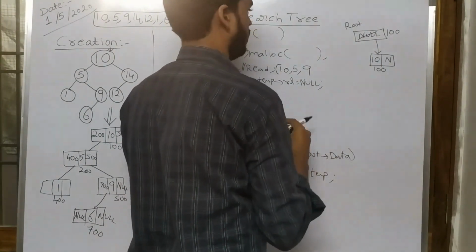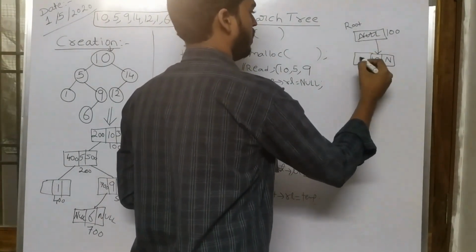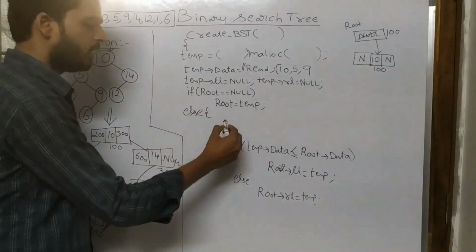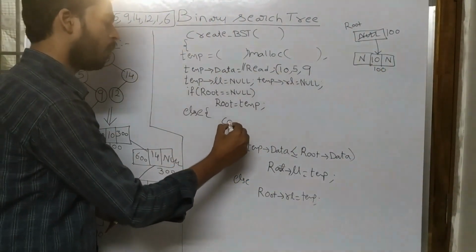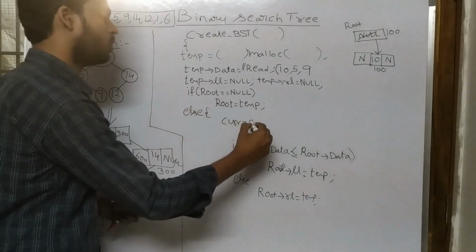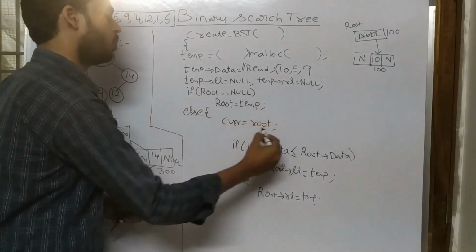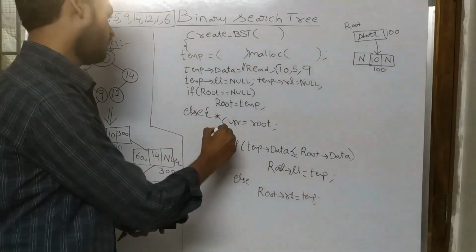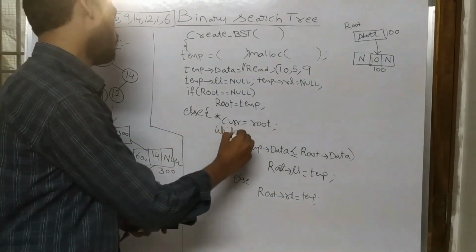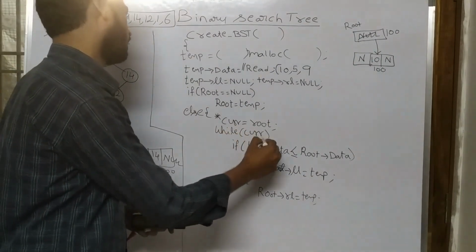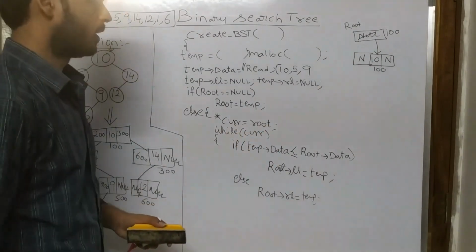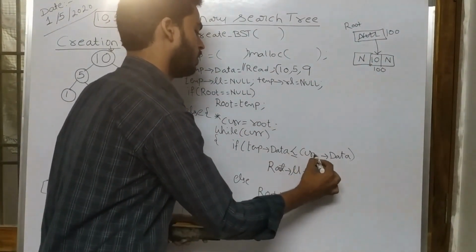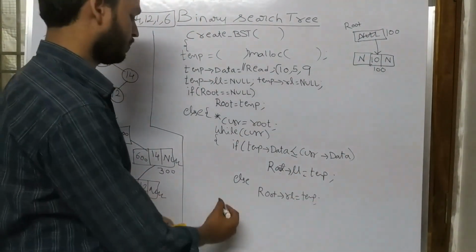Ready? Here null. So what I will do is take a temporary pointer, star current equal to root, and I will make a move while current, and I will simply modify current's data.